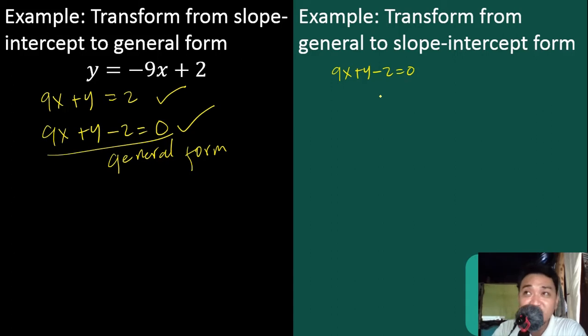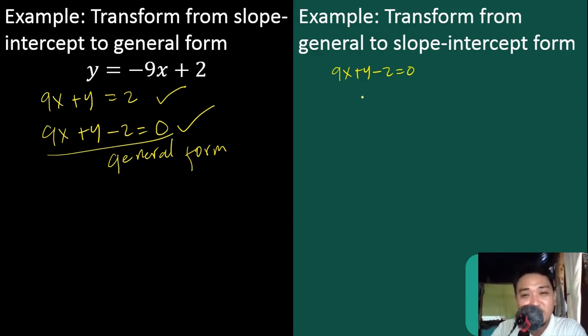Not unless i-transform natin siya into slope-intercept form. So, let us try. Ano kaya yung pinakamadaling gawin? Pinakamadaling gawin, imbis na i-transpose natin si 9x at saka si negative 2 sa kabila, why not si positive y na lang i-transpose natin para isa lang yung tinatranspose natin.